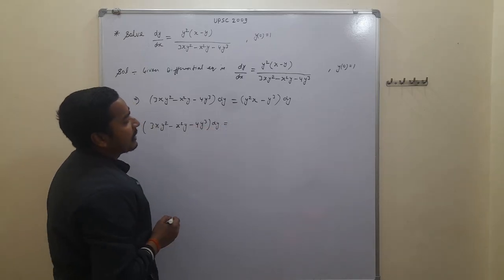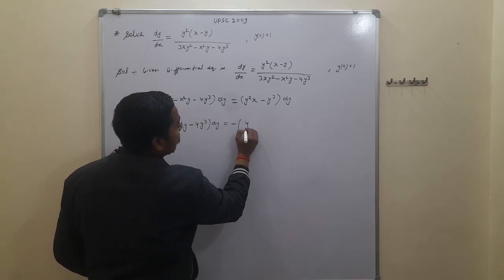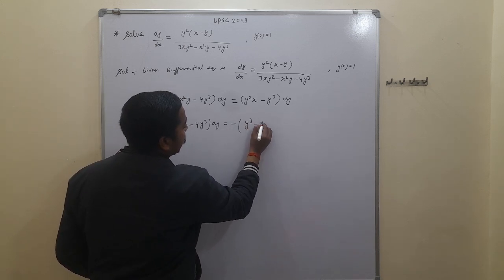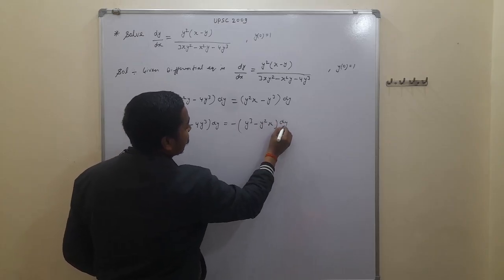From here we take a common minus, which gives (y³ − y²x).